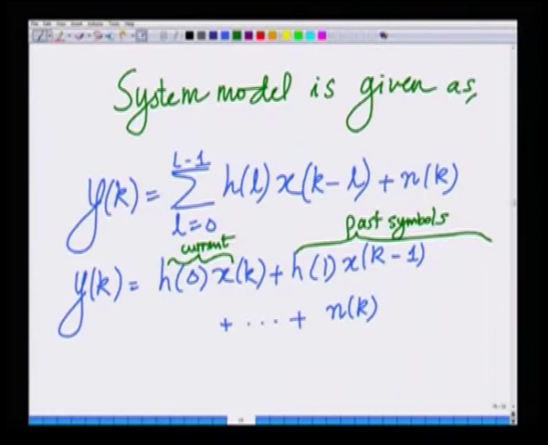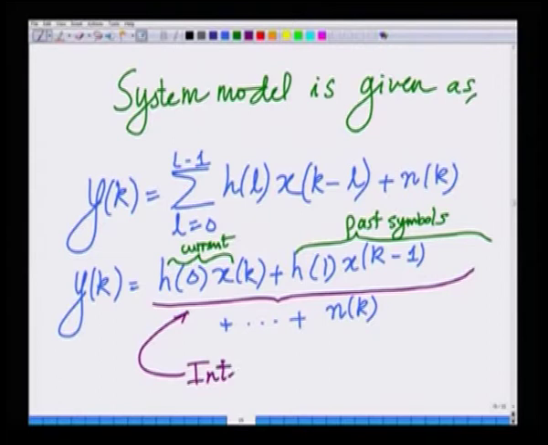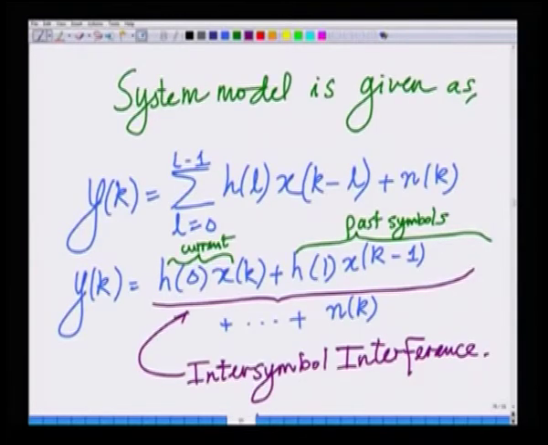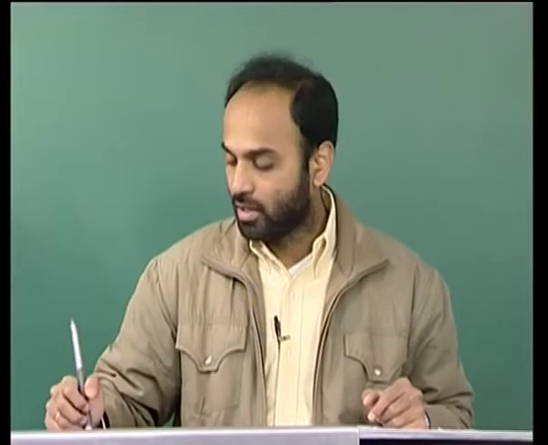So, the current output y k depends on both x k, the current symbol, and also the past symbols, which essentially means that there is intersymbol interference in this channel, which is modeled as an FIR filter.